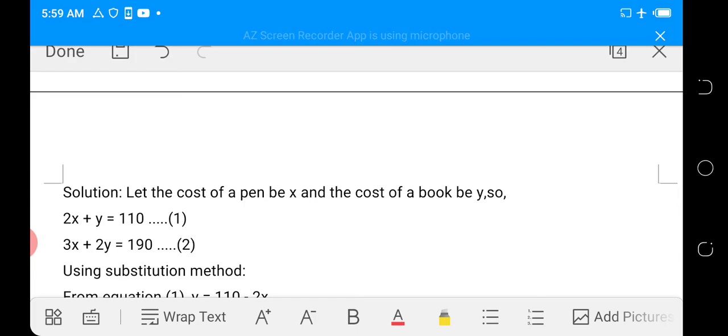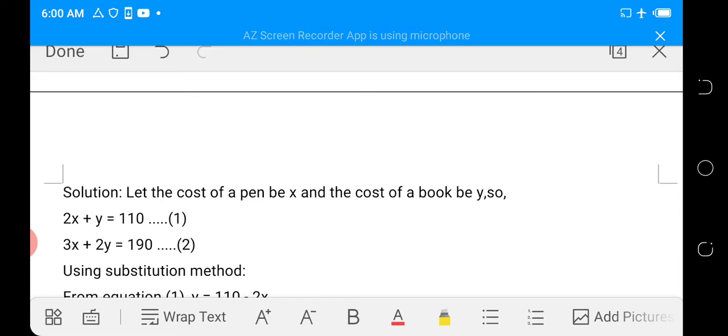The coefficient of x in equation 1 is 2 and in equation 2 is 3. For y, the coefficient of y in equation 1 is 1 and in equation 2 is 2. So let us tackle this by using the substitution method.